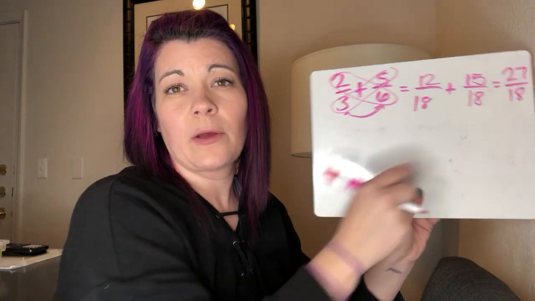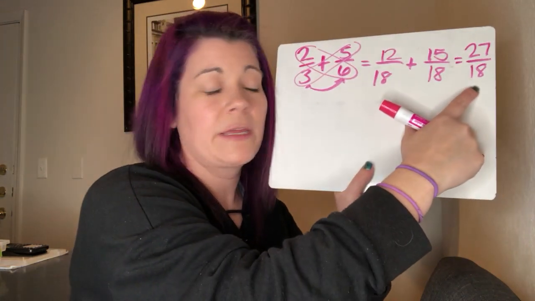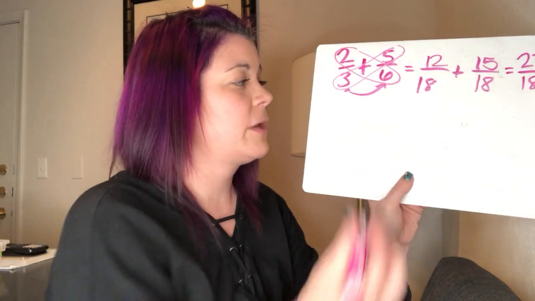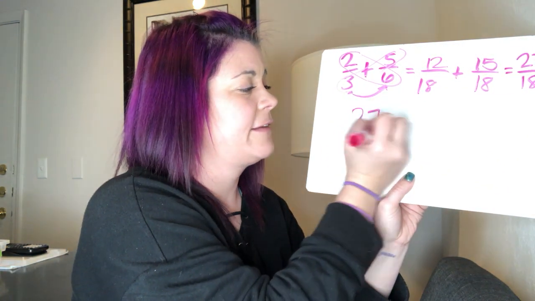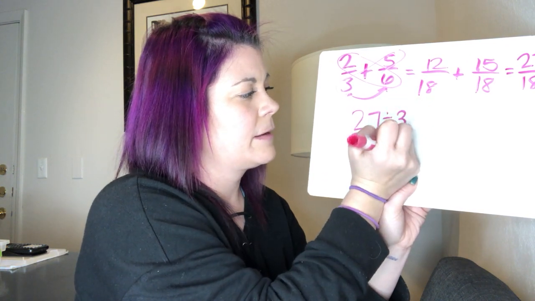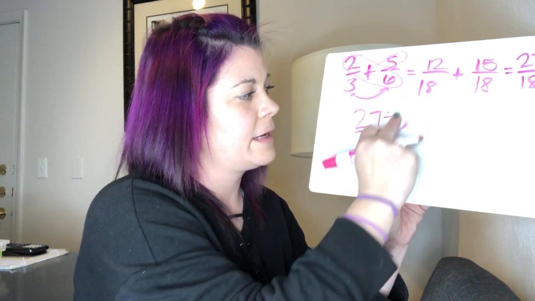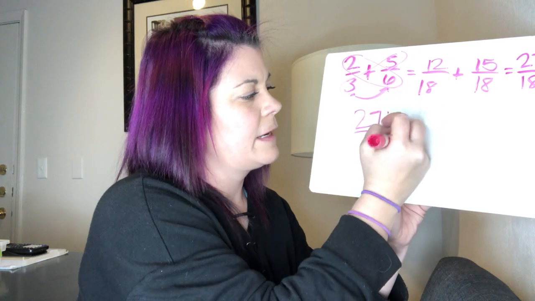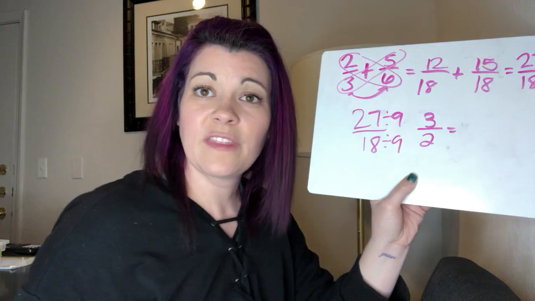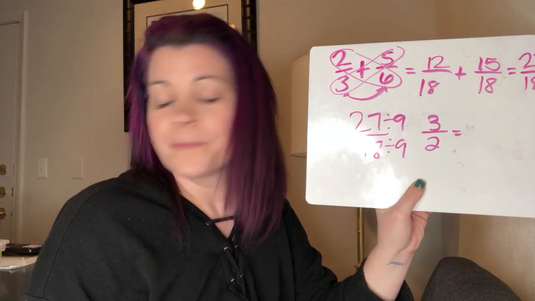We have an improper fraction, and we don't want an improper fraction. We also need to reduce. So 27 over 18 can reduce. We can divide them both by 9, and we get 3 over 2.